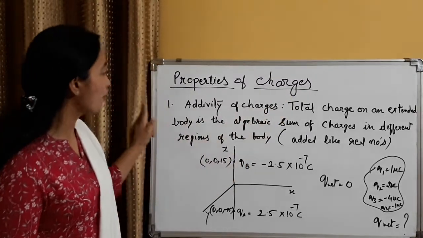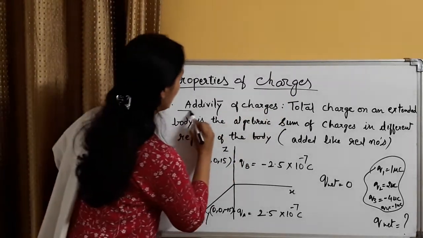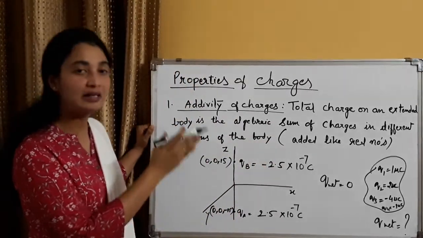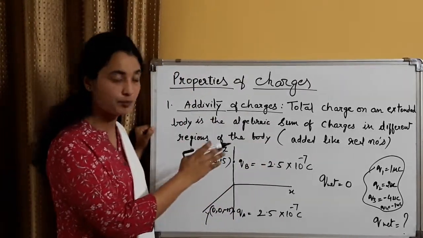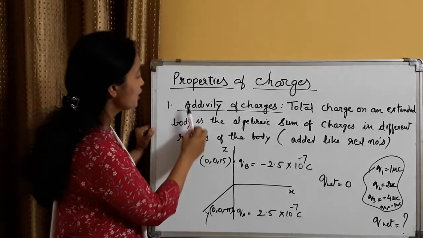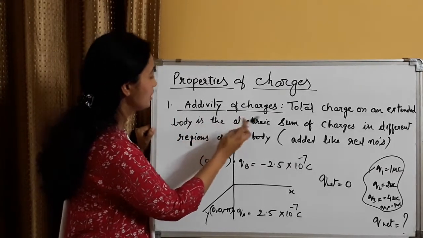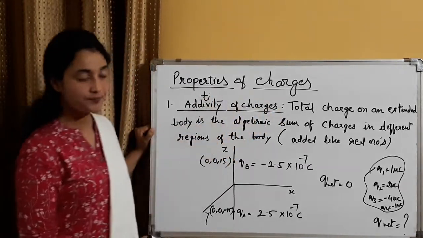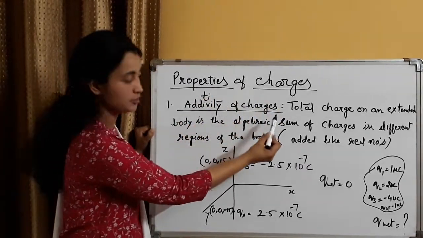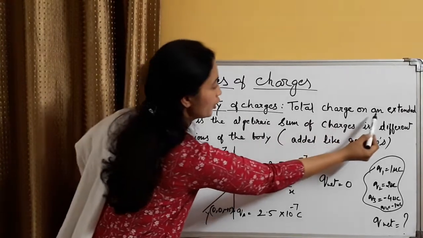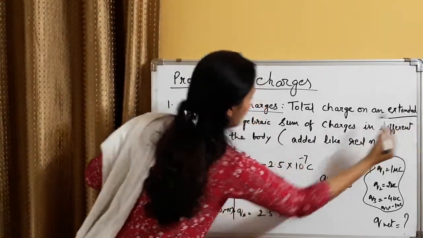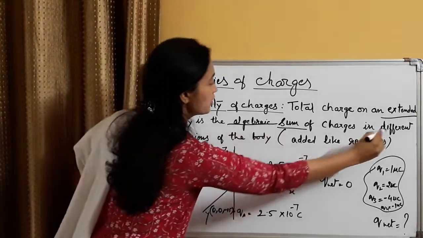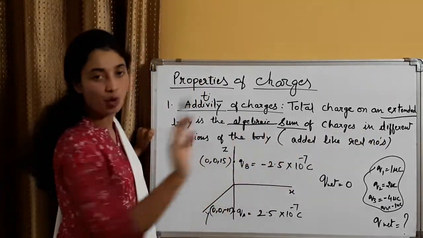The first property of charge, I'm telling you repeatedly, take the notes. These notes are highly systematic and they will be of great help to you. So the first property is additivity of charges. It is the total charge on an extended body is the algebraic sum of charges in different regions of the body.